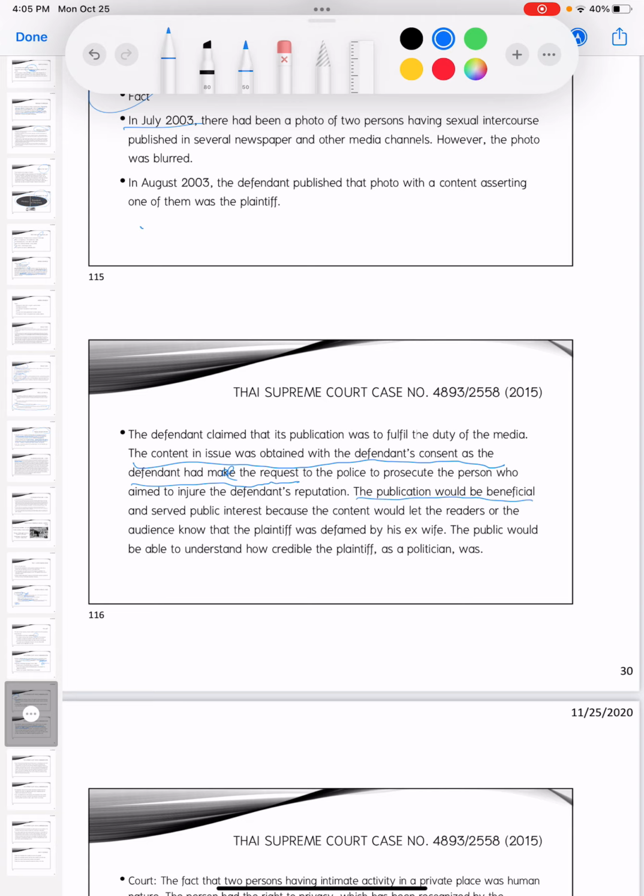The publication would be beneficial and serve the public interest because the content would let the readers know what happened, how the plaintiff was defamed by his ex-wife. The public would be able to understand how credible the plaintiff was.